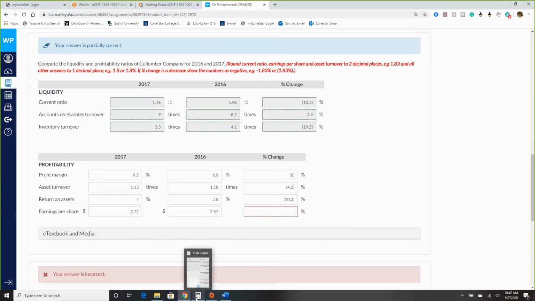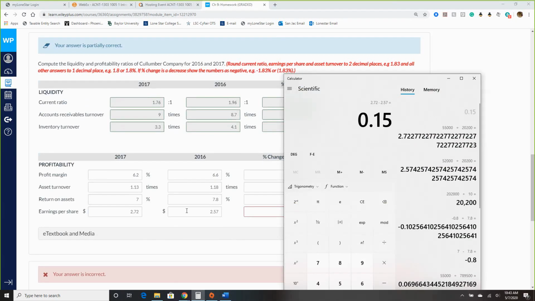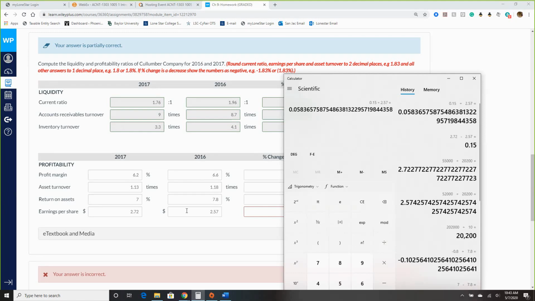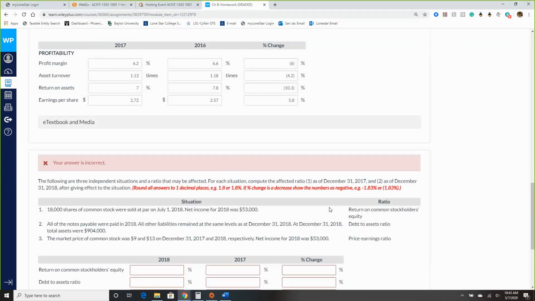So 2.72 minus 2.57 divided by again 2.57. So really all we're doing when we try to find a percentage change is we take 2017 number minus 2016 and then divide by 2016 number. So this shows an actual positive change of 5.8. Hey, there's our profitability.